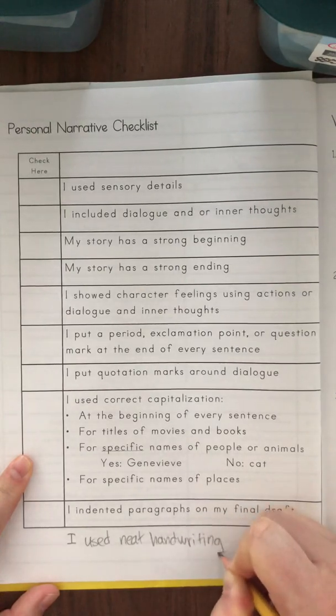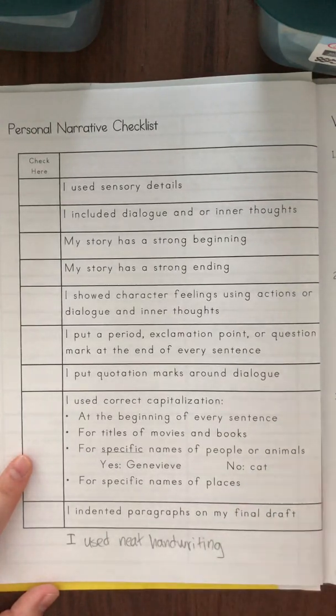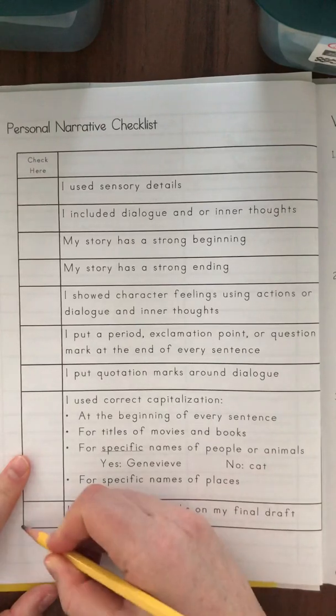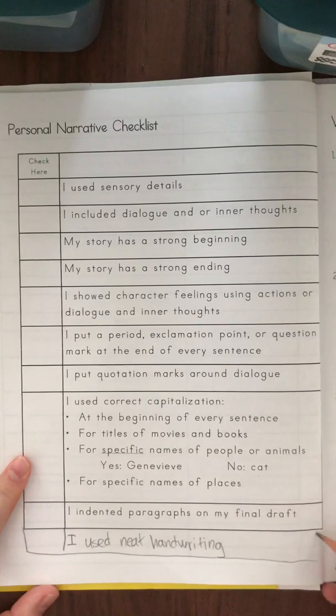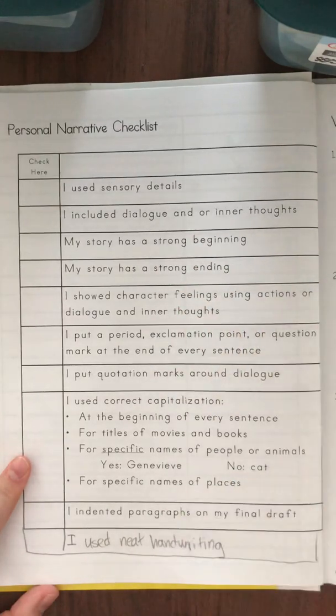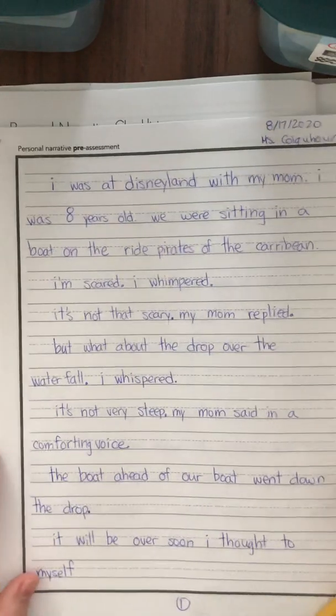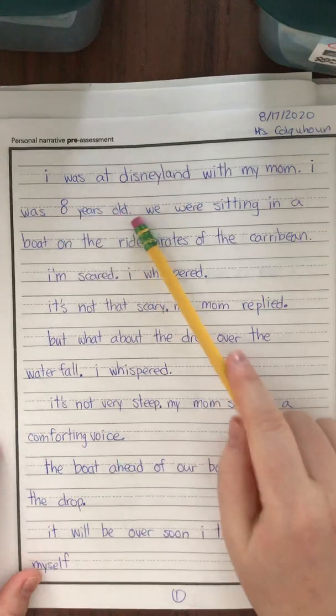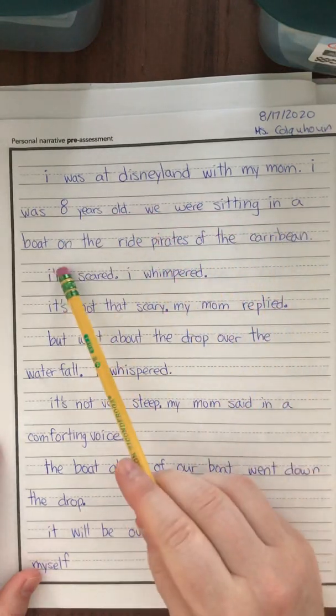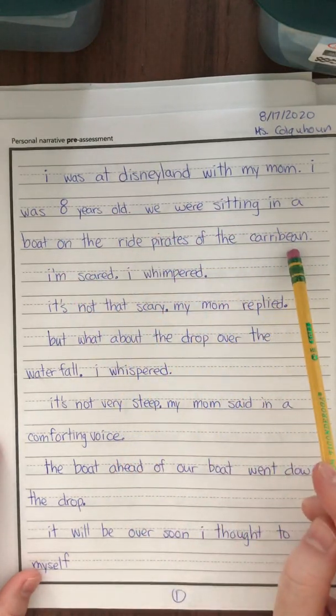Okay. Now I'm going to look at my personal narrative pre-assessment, and I'm going to notice what did I do well from this list and what am I missing? So here's mine. I was at Disneyland with my mom. I was 8 years old. We were sitting in a boat on the ride Pirates of the Caribbean.